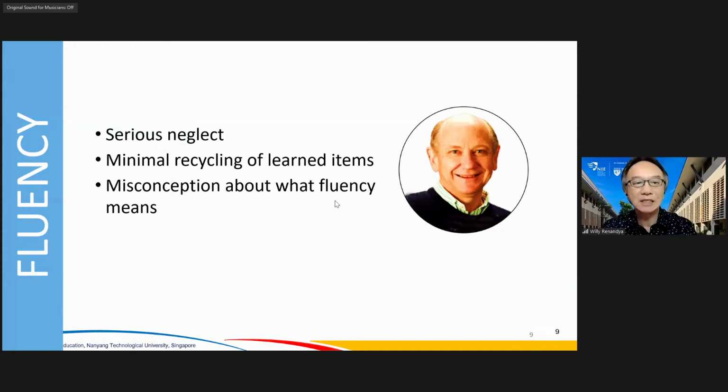They have to see the words again and again. Paul Nation is saying that there's a lot of misconception about fluency. Fluency means doing things that you already know how to do. You do it again so that you become better at doing it.